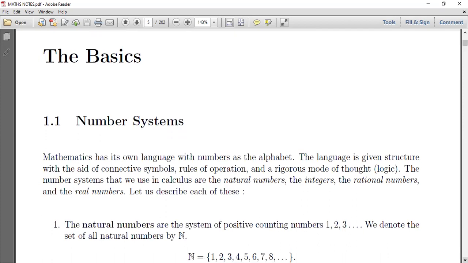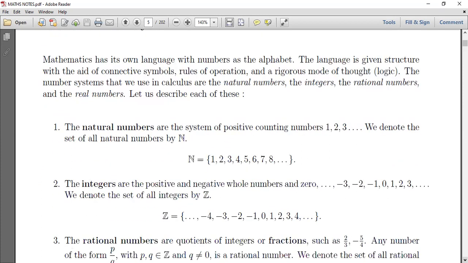The numbers come in different types, or what we call sets. Okay, so the first type of number is called a natural number or a counting number. A natural number is denoted by N, a capital letter N like that. So if I say x is an element of N, I mean x is a natural number.